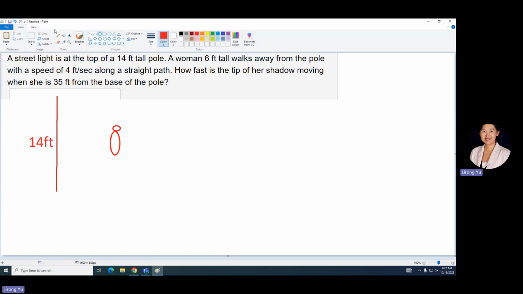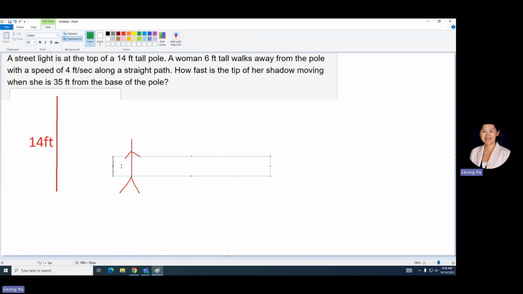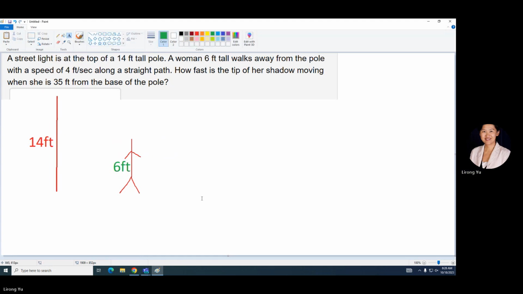Well, all right, I guess I'll just draw a person instead. So this is a person that is walking away from the pole. This person is 6 feet tall. That's a good drawing. We also have the ground. The shadow should be cast onto the ground.